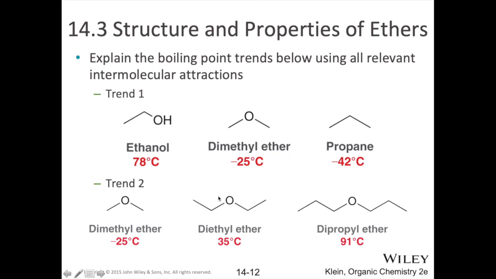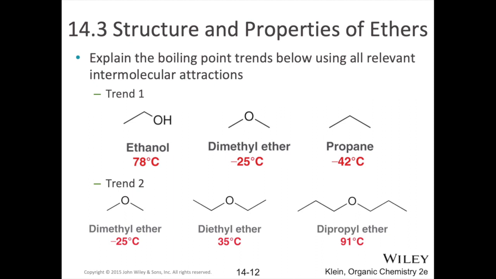Now, let's compare ethers themselves. If we have multiple ethers, they're all polar, right? How does the alkyl group affect our intermolecular forces? Well, as you increase the size of your alkyl groups, they start overcoming the polar part of the molecule. You start having more of a nonpolar London dispersion force interaction. But remember, that's dependent on the amount of electron density you have to push around.